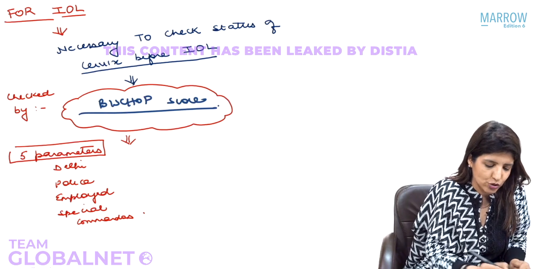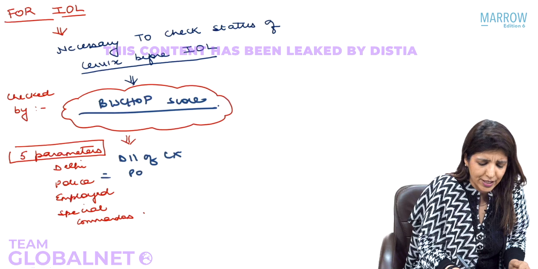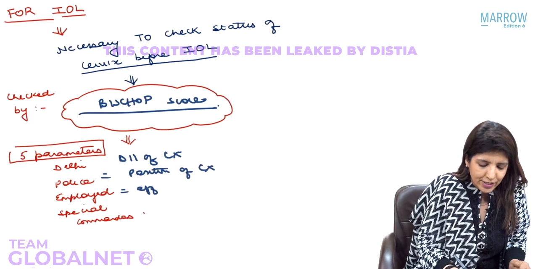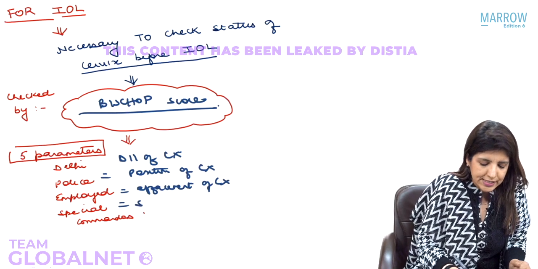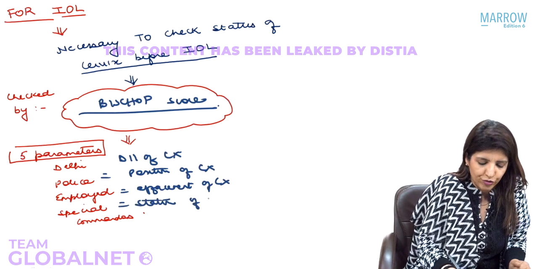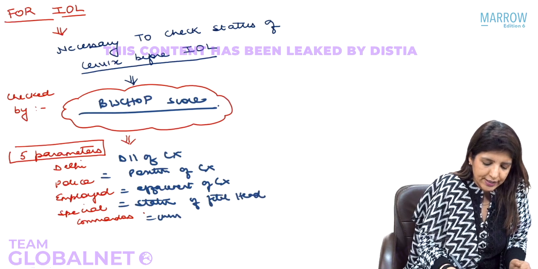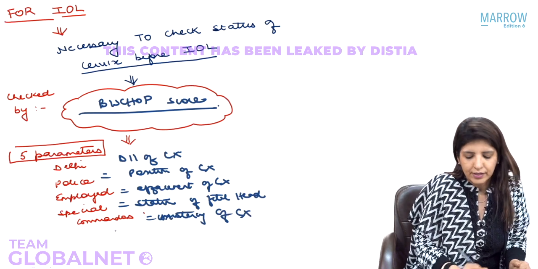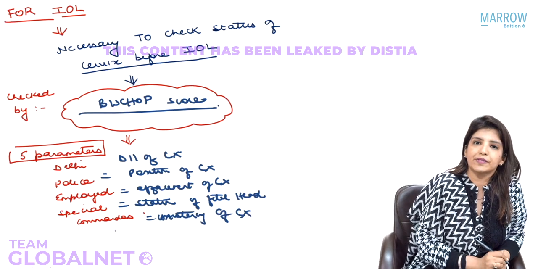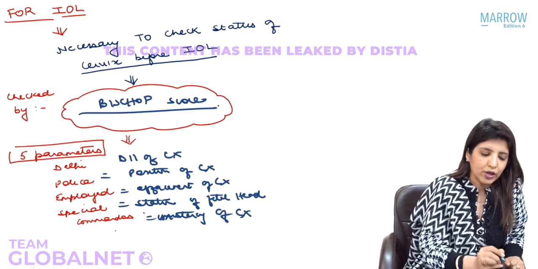Where D stands for dilatation of the cervix, P stands for position of the cervix, E stands for effacement of the cervix, S stands for station of fetal head, and C stands for consistency of the cervix. So this is Bishop score.